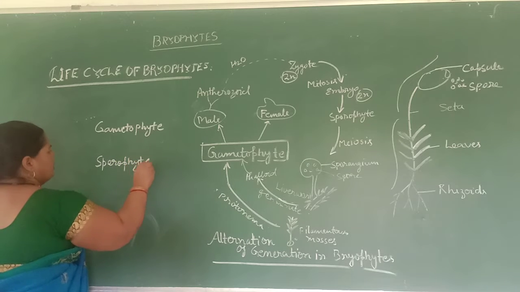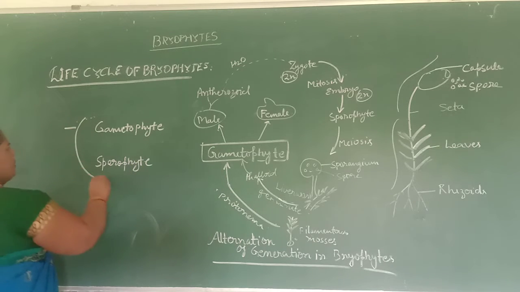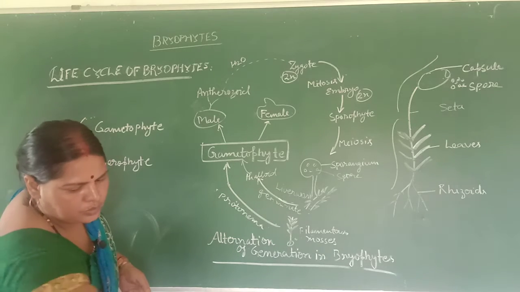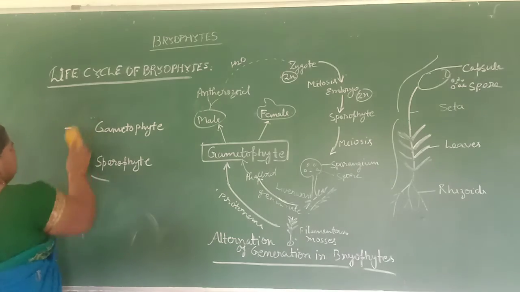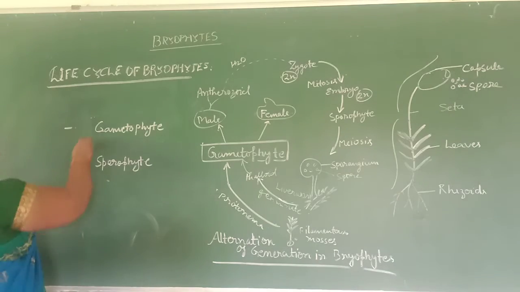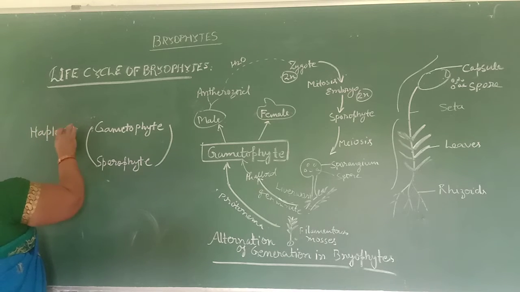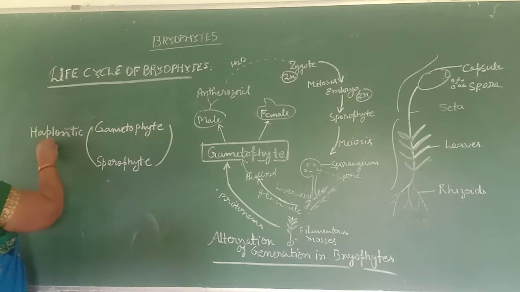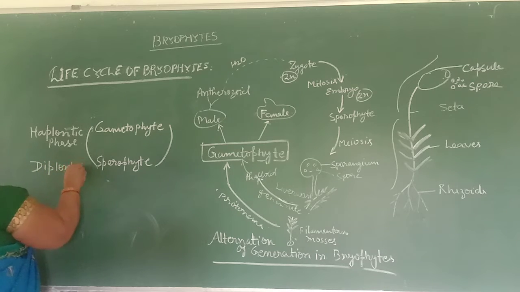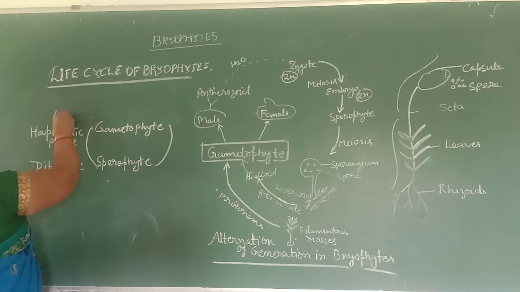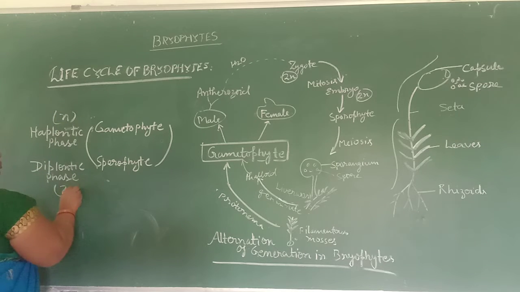This is the haplontic phase, and this is the diplontic phase. Haplontic phase means the number of chromosomes is n, and diplontic phase means the number of chromosomes is 2n.